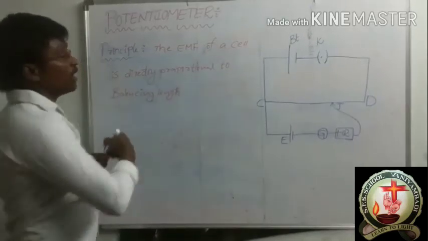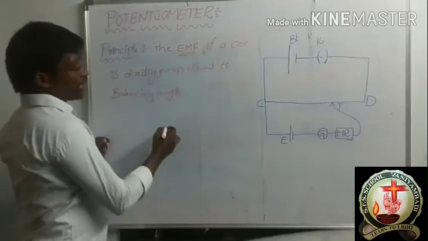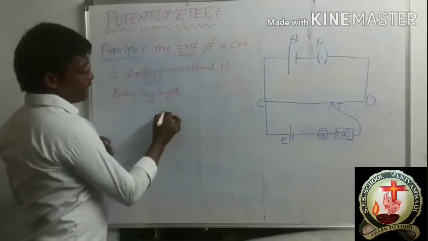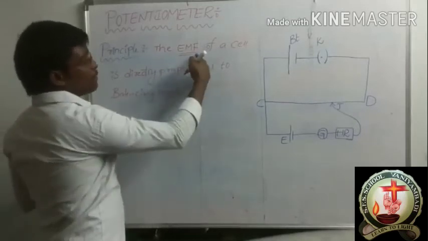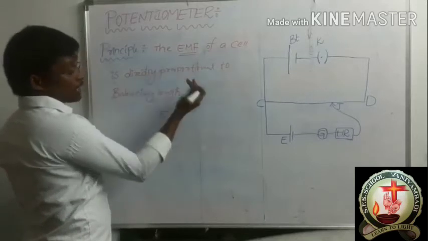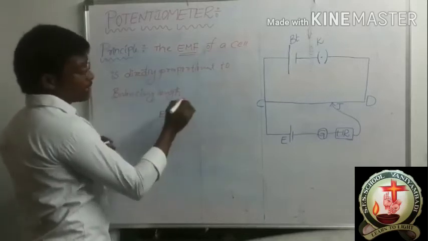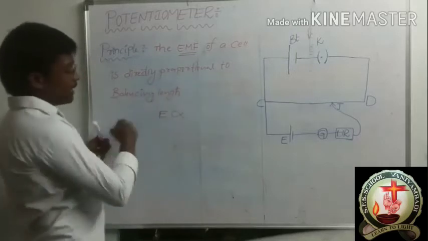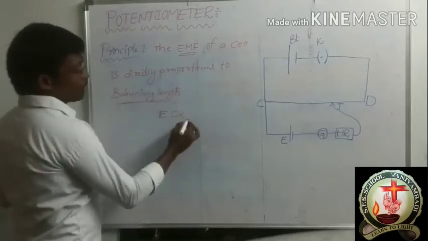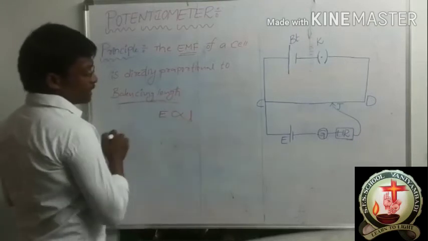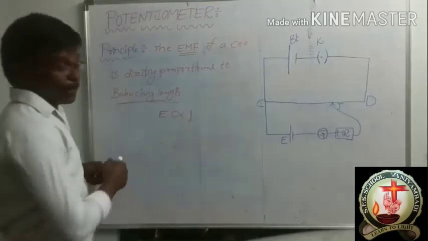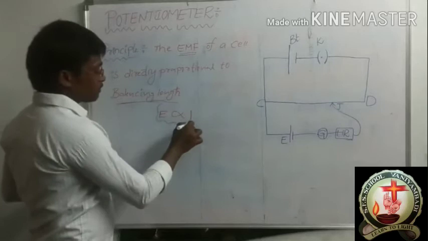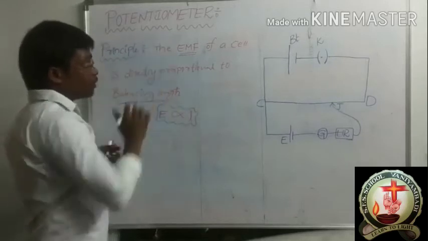We know EMF is indicated by E. This is the directly proportional symbol. Balancing length we denote as small l. So this is the principle of the potentiometer.